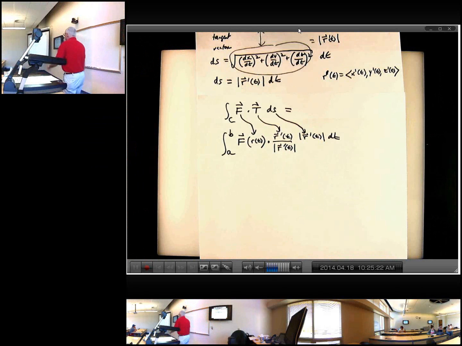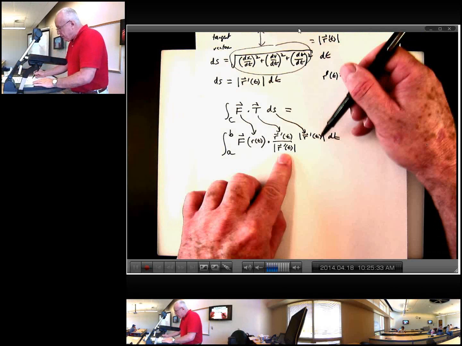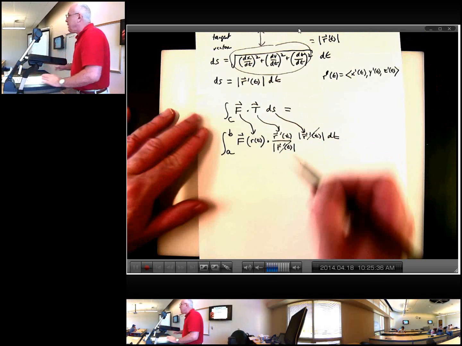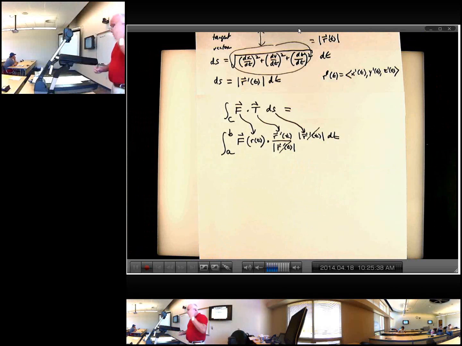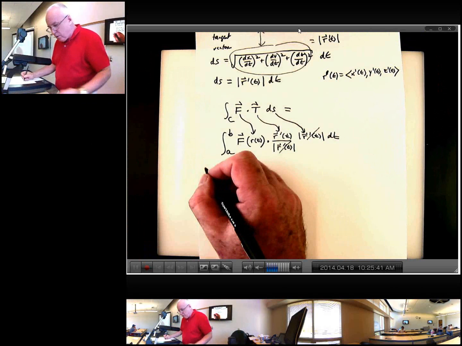Okay, so I've replaced everything, and notice now that in the numerator and denominator on the inside, I've got the magnitude of r prime. So I can very nicely, because we're going to assume that doesn't equal 0, cancel that out, and I get this formula.